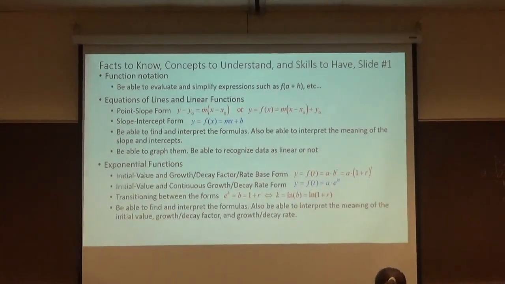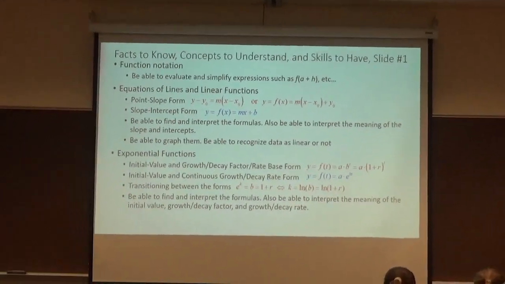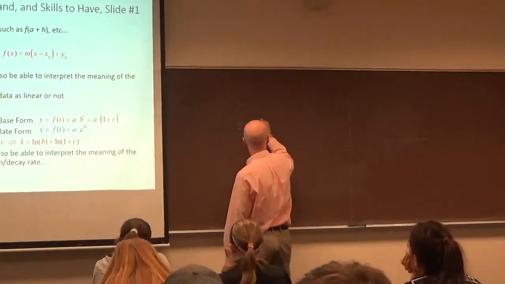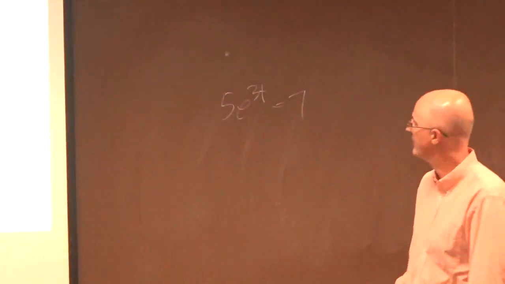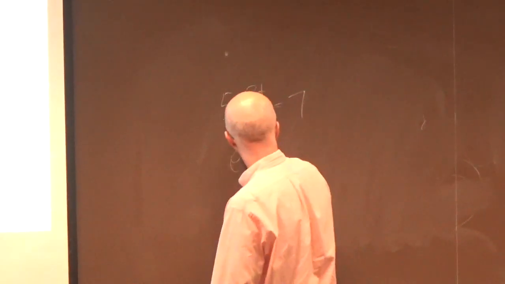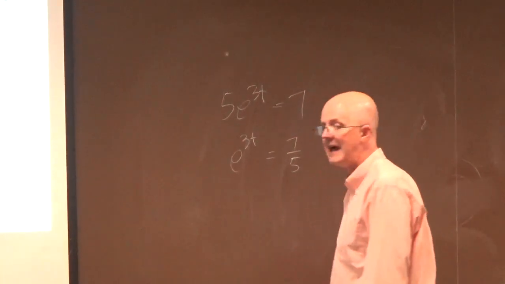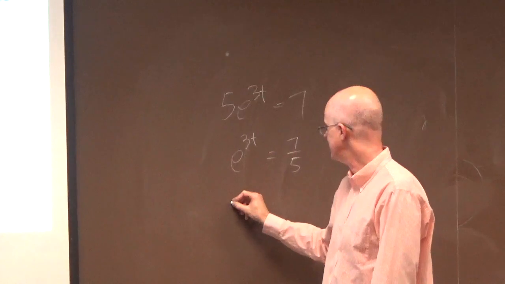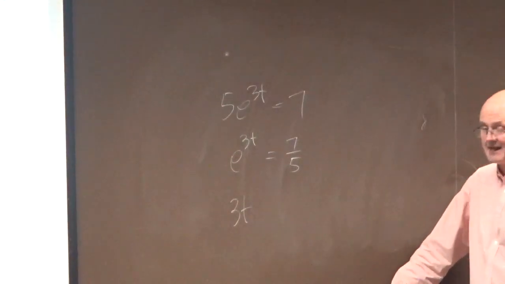You know, like if you want to solve an equation like this, 5e^(3t) = 7. Well, we're jumping ahead here and talking about logarithms. Divide both sides by 5 first, write it like this. Then take the natural log of both sides. Natural log of e to the 3t is just 3t, because natural log of x and e to the x are inverse functions.